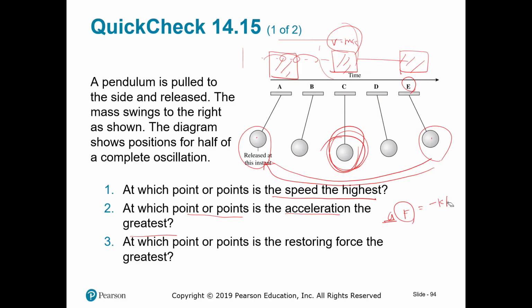It's maximum when x is A, which means at both ends your acceleration and the force will be greatest. And at which point is the restoring force greatest? Again, F equals ma. So if a is a maximum, F is a maximum as well. So they have the same location for their maximum values.